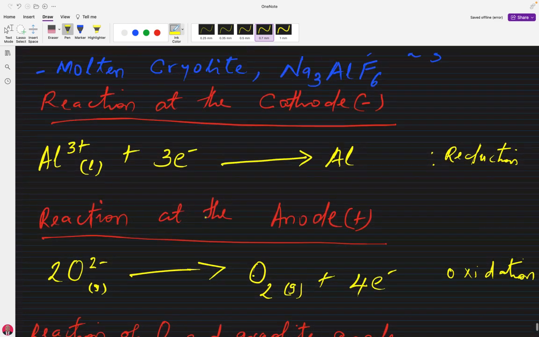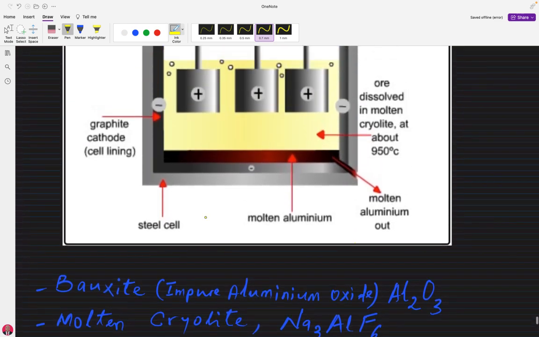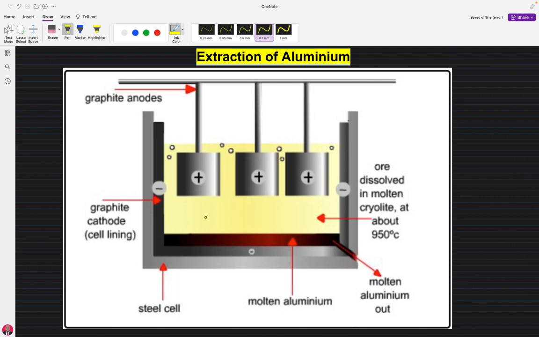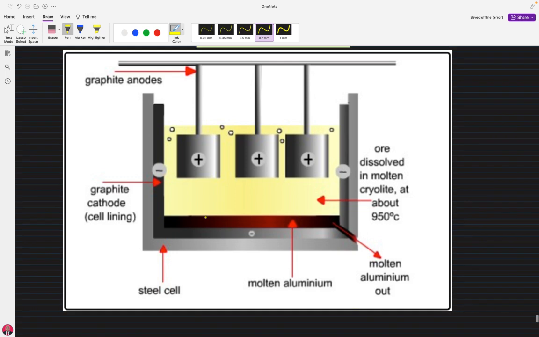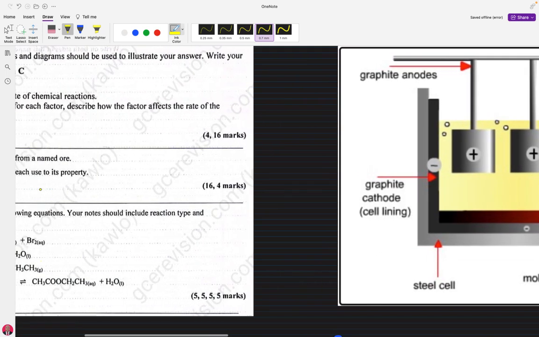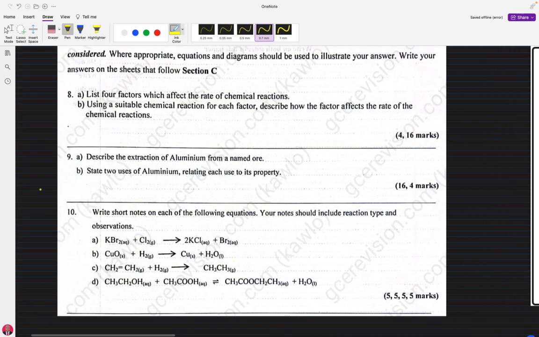The second part of the question has to do with the importance of this extraction. Let's go to the question paper. The question paper says, question number 9.